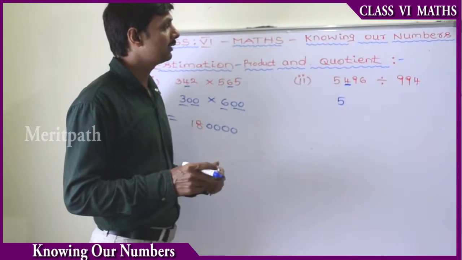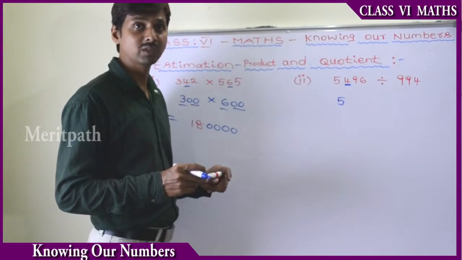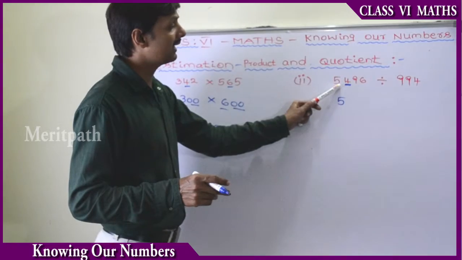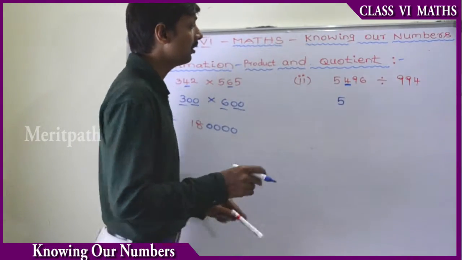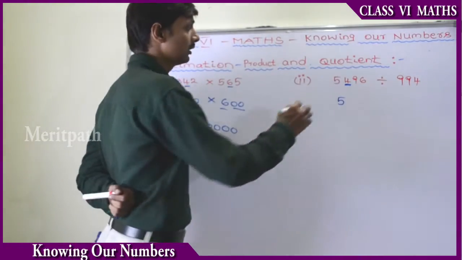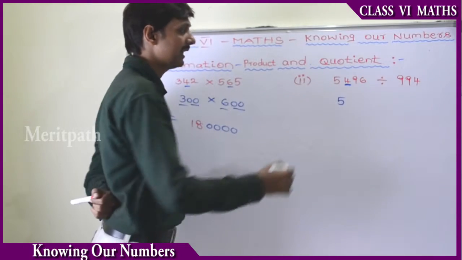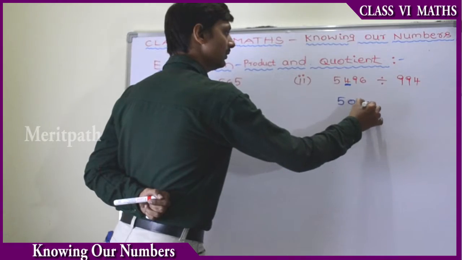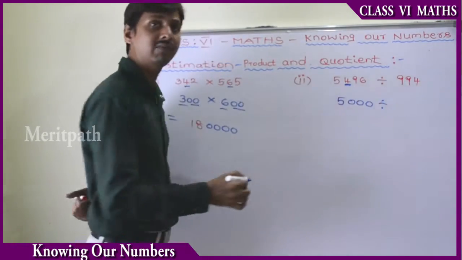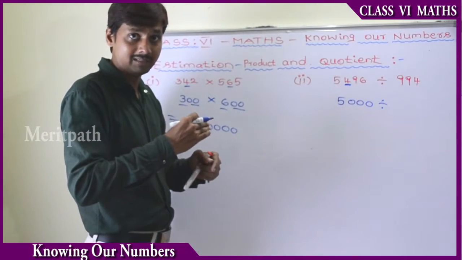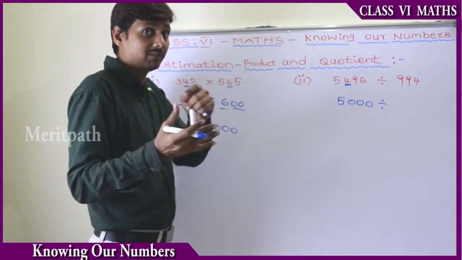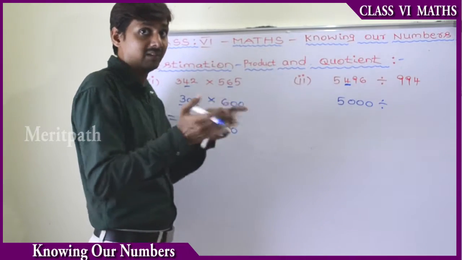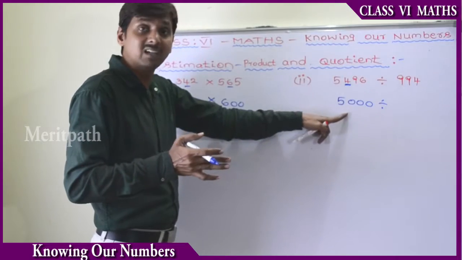Now we'll find out the estimation when we divide these two numbers: 5,496 divided by 994. When we round 5,496 to the hundreds, we'll be getting 5,000, because 496 is less than 500, so it goes back and it becomes 5,000.